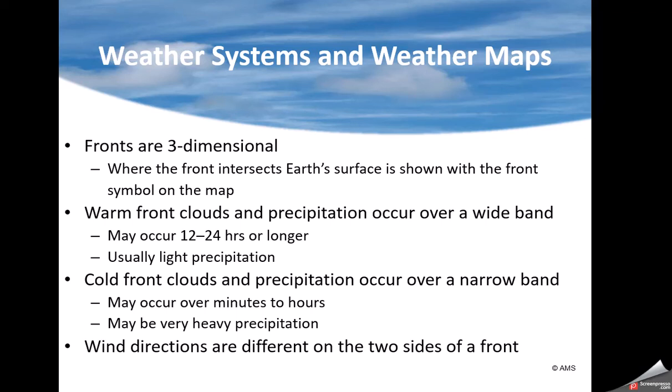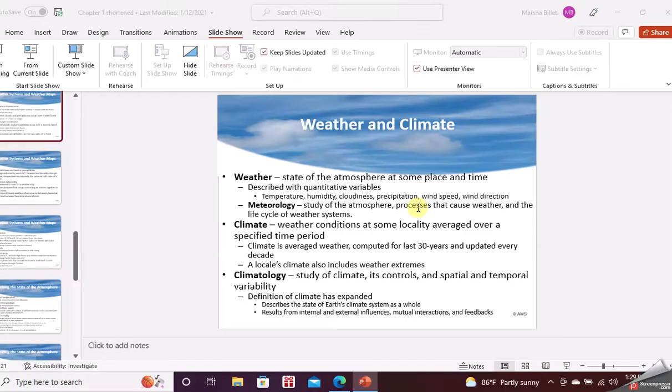If that cold front just passed the airport, it might be real close to the ground when you're crossing it and the wind shifts. However, if the cold front had passed several hours before, that cold front might be much higher up in the atmosphere. So that's the three-dimensional aspect of all this.